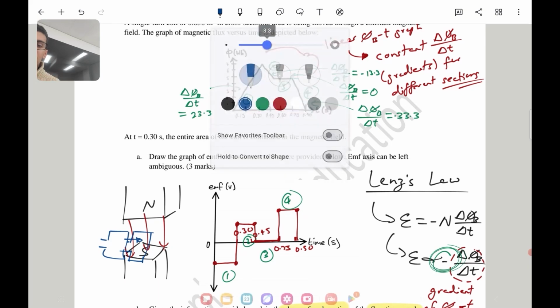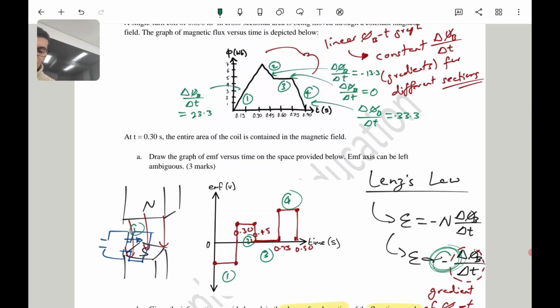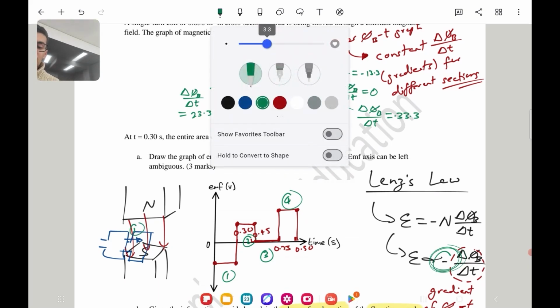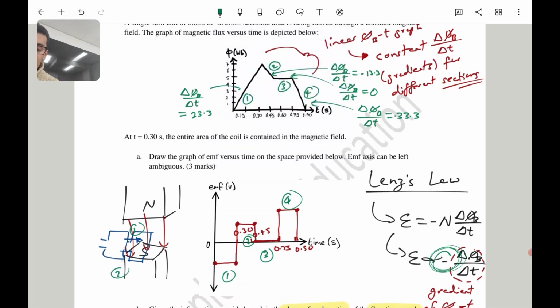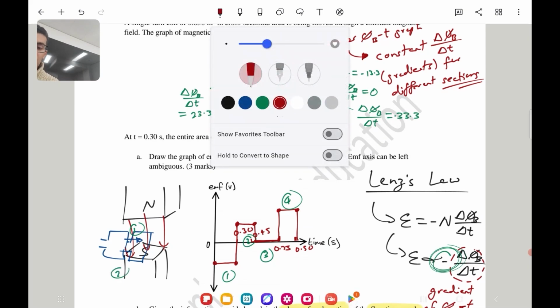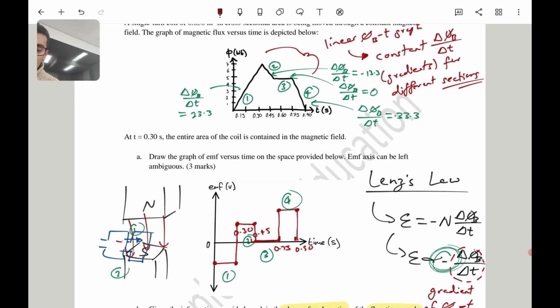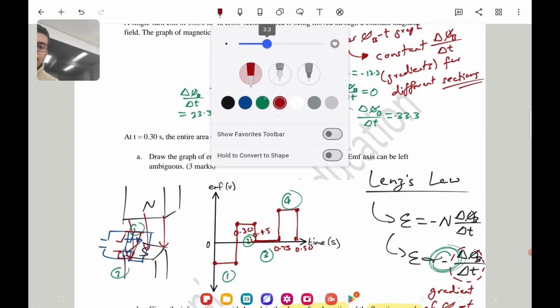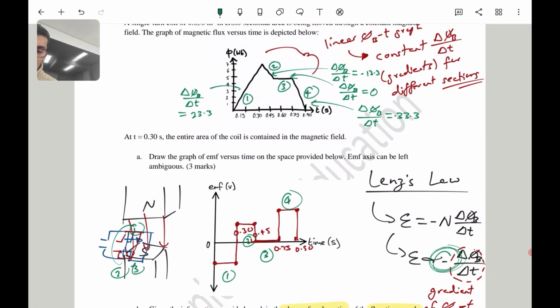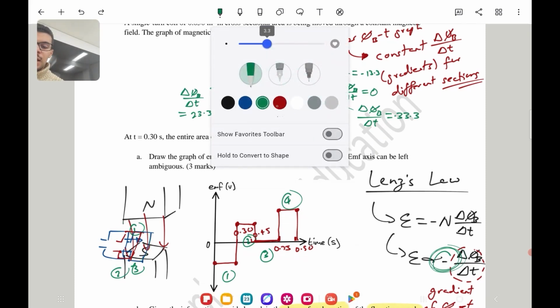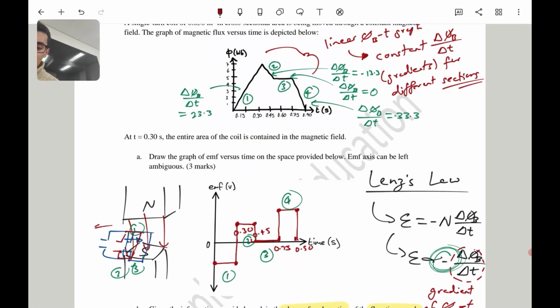That is scenario 1 or section 1. For section 2, this is when the coil has been pulled slightly out of the magnetic field like this. Then section 3, it just stays there. You can see the red coil I've drawn just stays there, partially out of the magnetic field. And afterwards, it's fully pulled out of the magnetic field, and the magnetic flux goes back to 0.